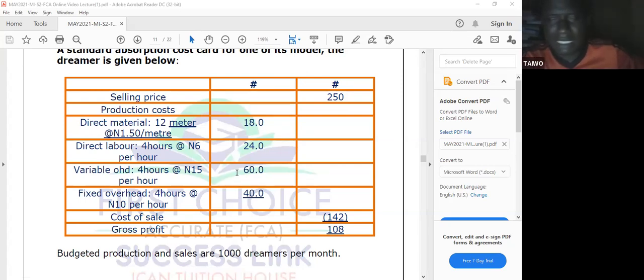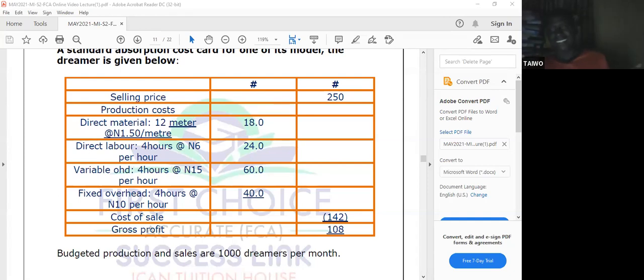Now, the standard budgeted fixed cost per unit happens to be 40 naira. That's what you budgeted to incur on one product. Then how much is your budgeted fixed overhead cost for budgeted production of 1,000? I budgeted to produce 1,000, and the cost to produce one happens to be 40. Now that would be 40 times 1,000, which is 40,000 naira.